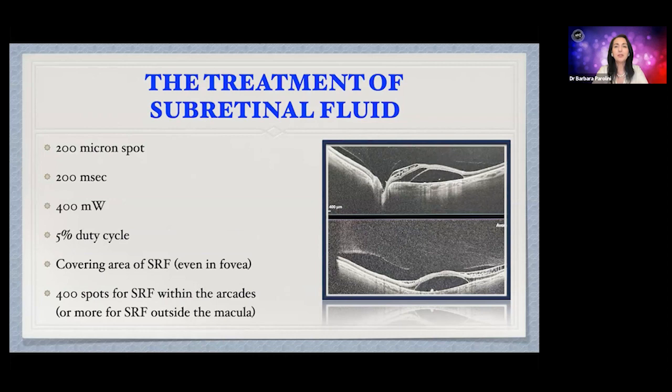The only parameter that was not suggested was the number of spots. And I arbitrarily decided to always use 400 spots when the treatment was focused on the macula, and enlarging the area and the number of spots where the subretinal fluid was also extramacular or outside the arcades.